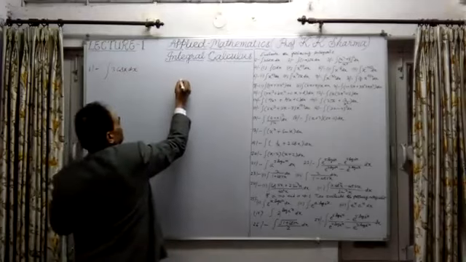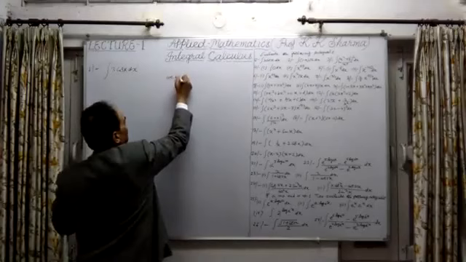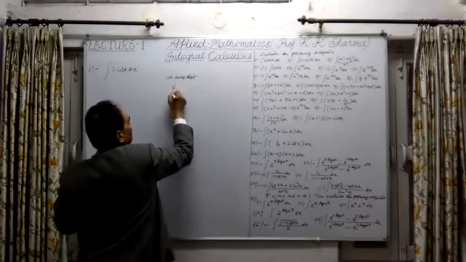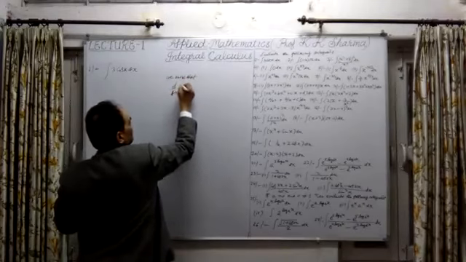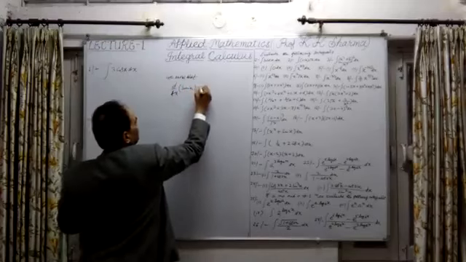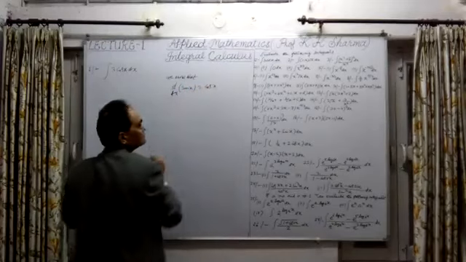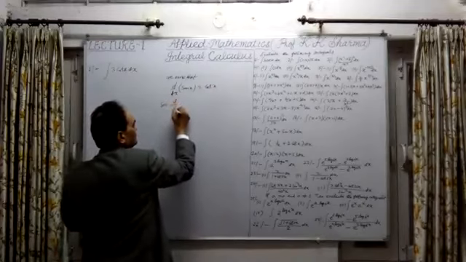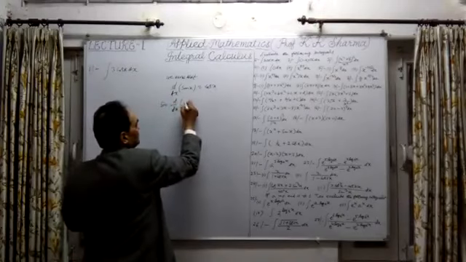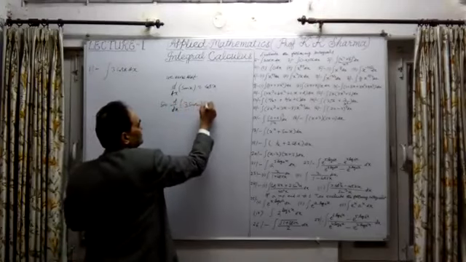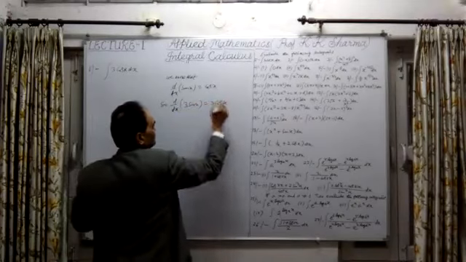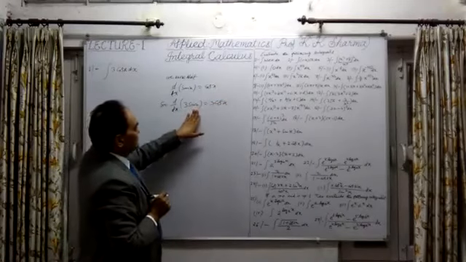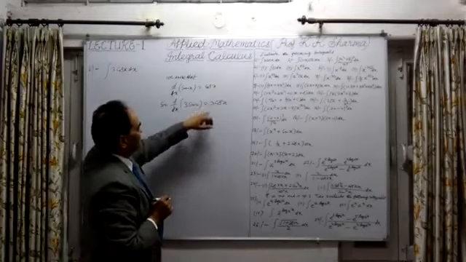Now this we know that d/dx of sin x equals cos x. And if I write d/dx of a constant, here 3 into sin x, it equals 3 into cos x, because the constant is multiplied with this, and the differentiation of sin x is cos x.